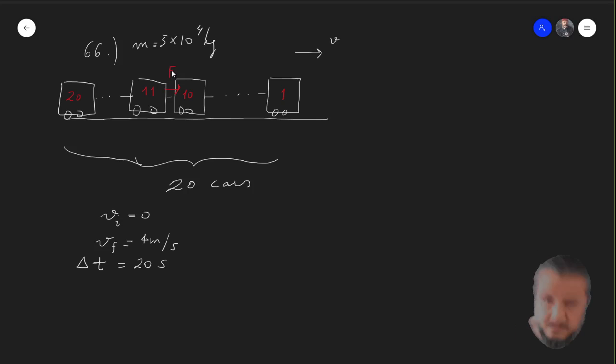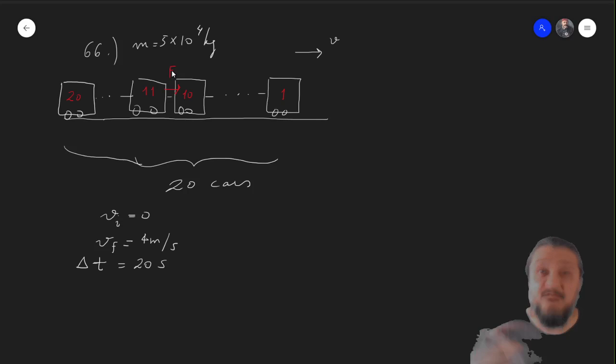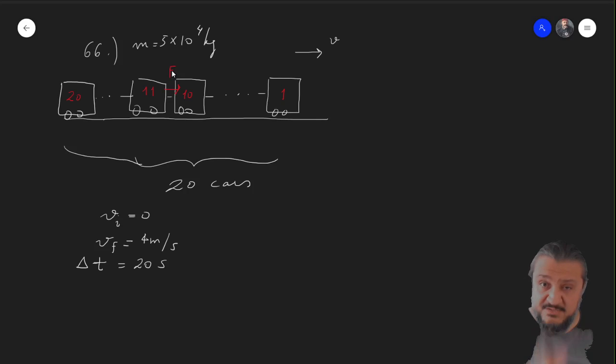So, now here's the thing. I obviously need to isolate some cars. I need to focus on objects so that I can draw a free body diagram. But if I isolated, say, the 11th car only, even though there is no friction, I would still have to worry about the force the 12th car on the left would exert on the 11th car, right?